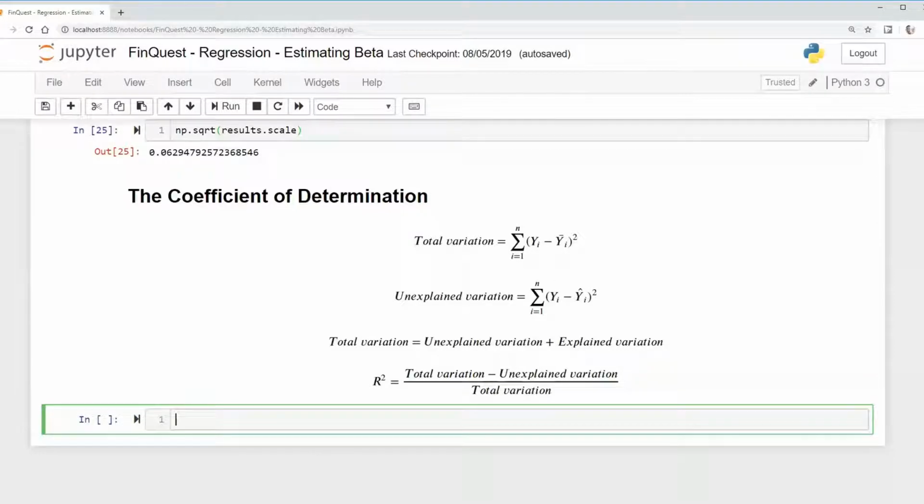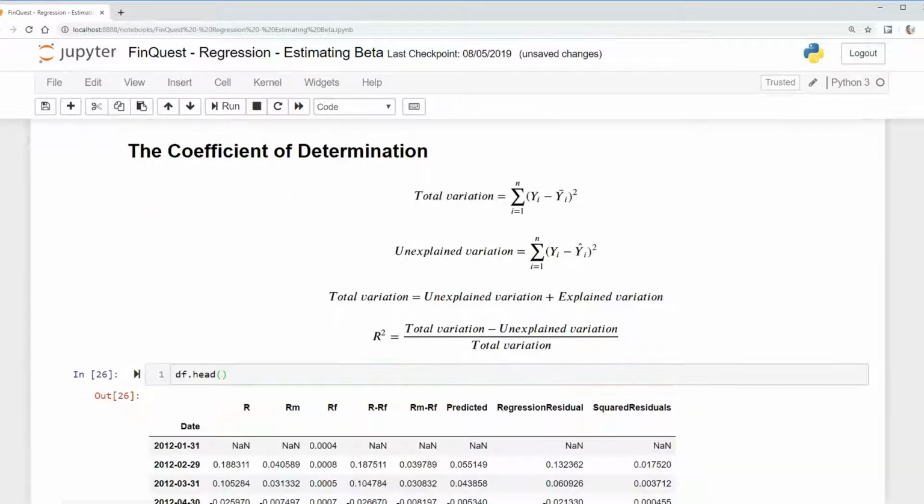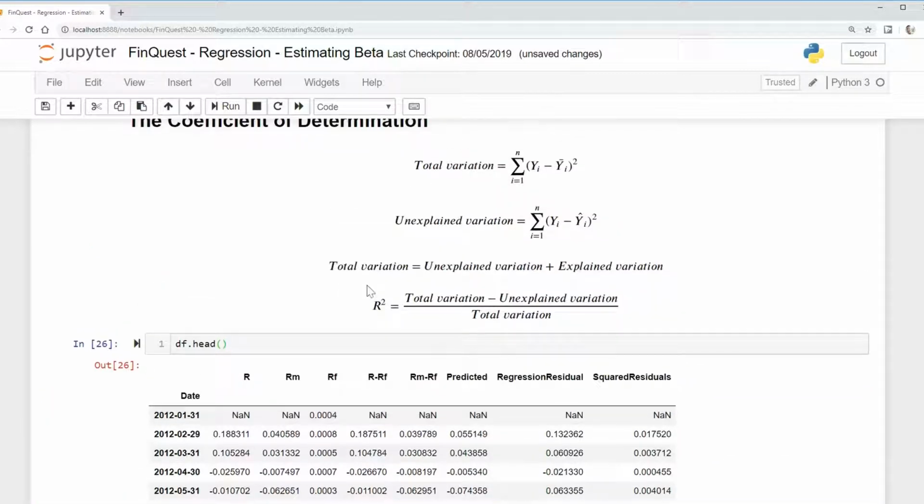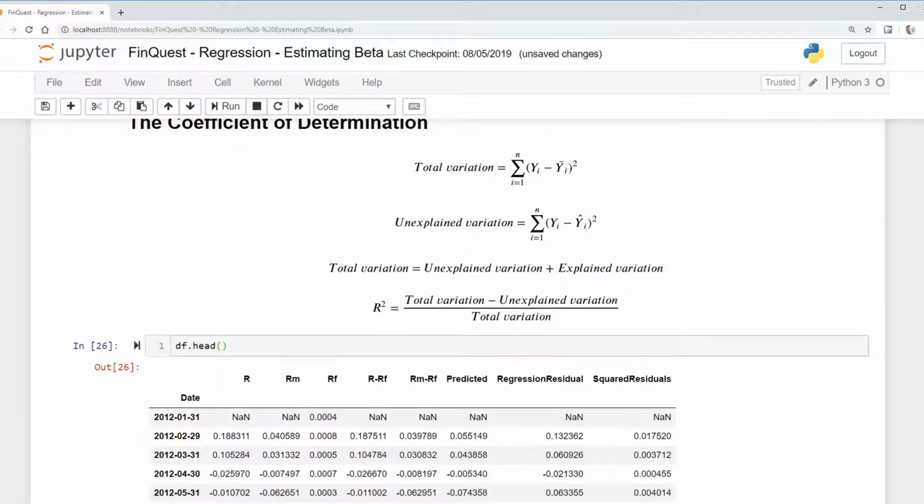So let's see if we can actually calculate this in Python. First, let's take a look at our data frame. We have our y variables and our x variables. Y, remember, is our apple excess returns, and our x variable is our excess returns of the market. In our first equation of total variation, we need to find the average.